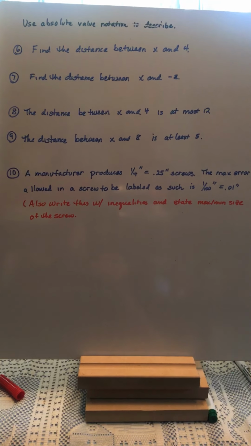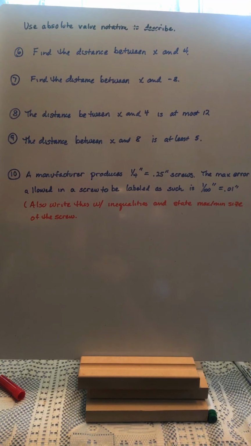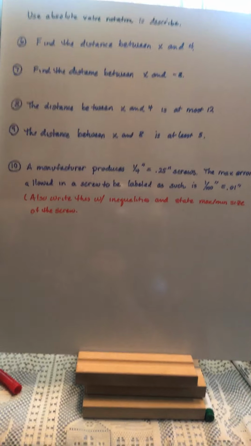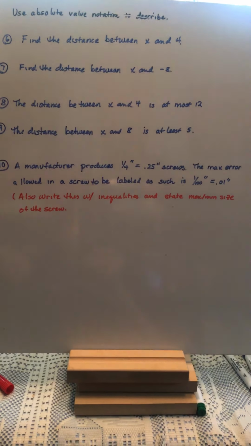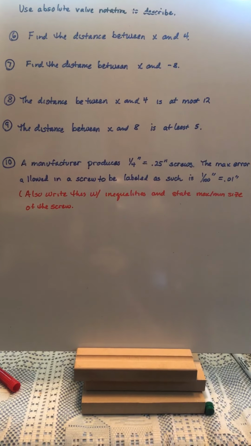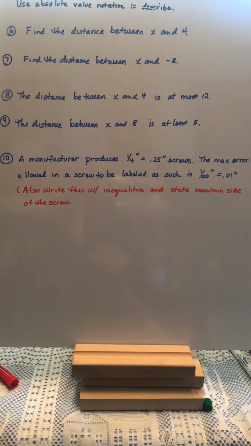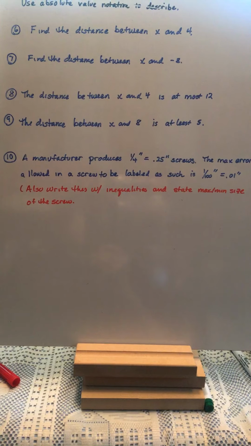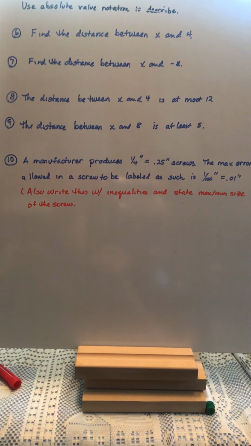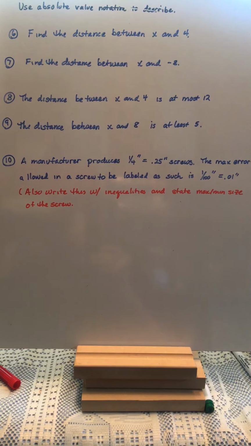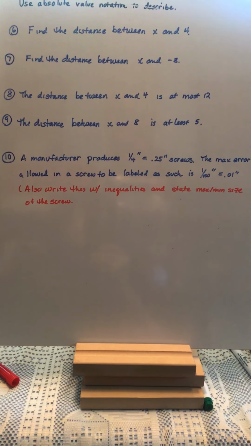The error allowed in each screw labeled as a 1/4 inch screw is 1/100 of an inch. So I want you not only to write the absolute value situation, but to continue on with writing the regular inequality with the max and the min.